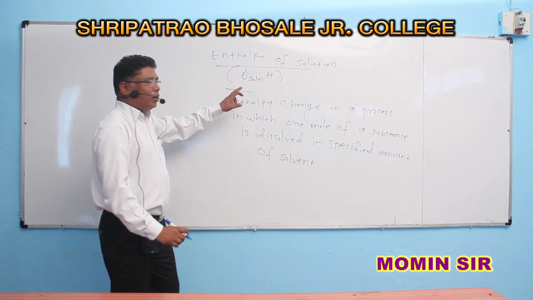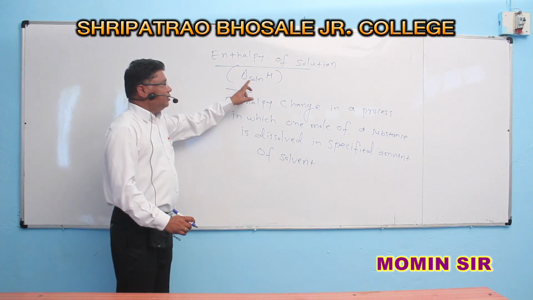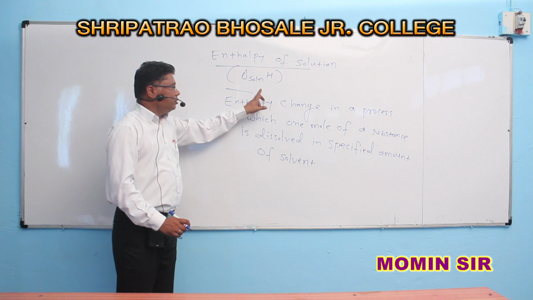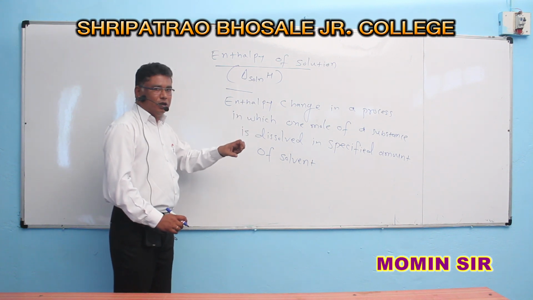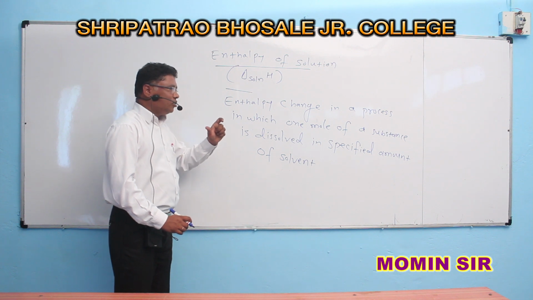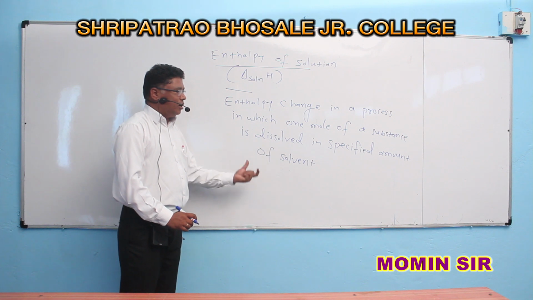So what is called enthalpy of solution? Enthalpy of solution is denoted as delta H solution. It is the enthalpy change in a process in which 1 mole of a substance or solute is dissolved in a specified amount of solvent.